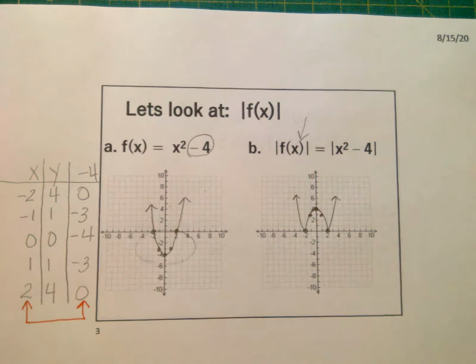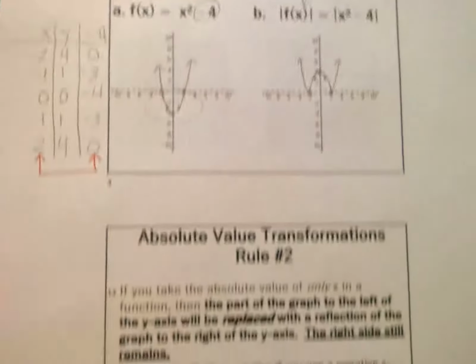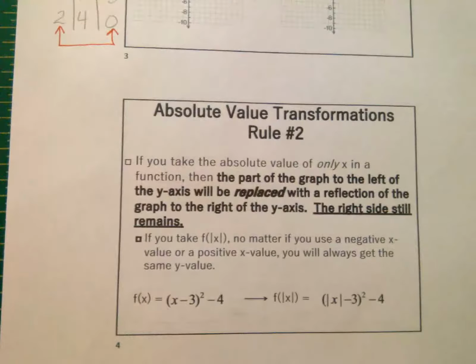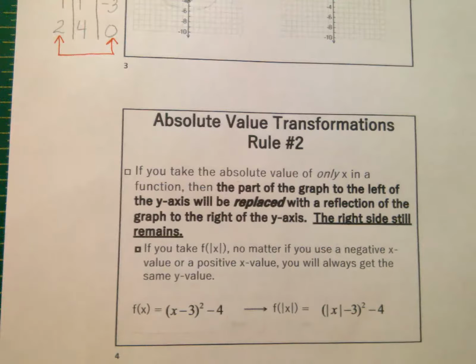Time for our second rule. The second rule now says, if you take the absolute value of only the x in the function, the part of the graph to the left of the y-axis will be replaced with a reflection of the graph that appears on the right, and the right side will remain the same.